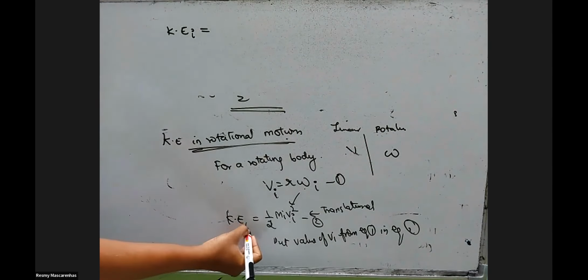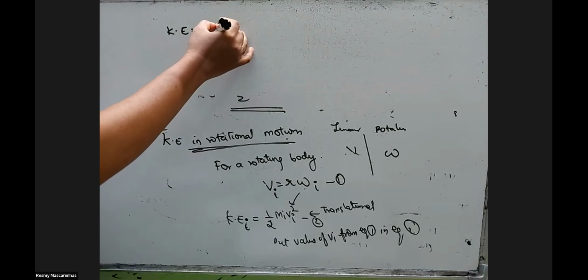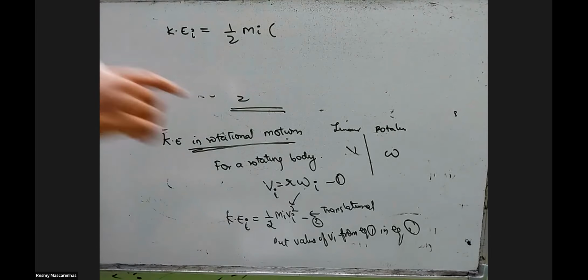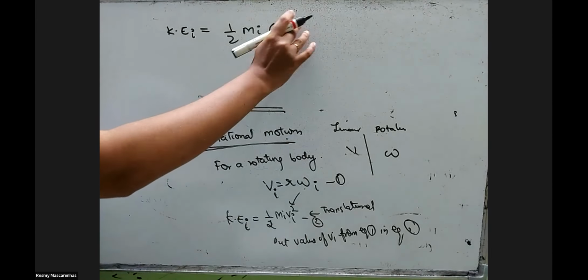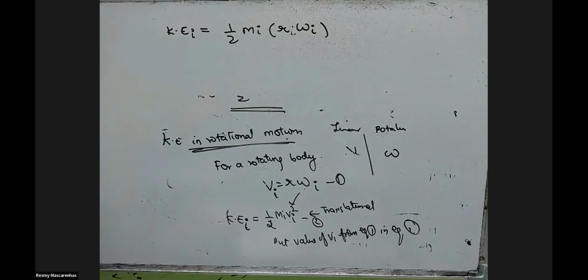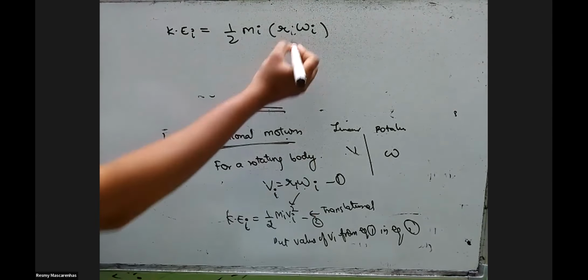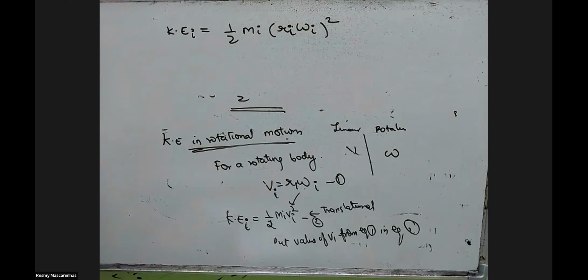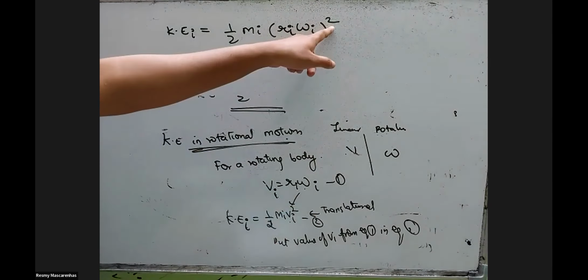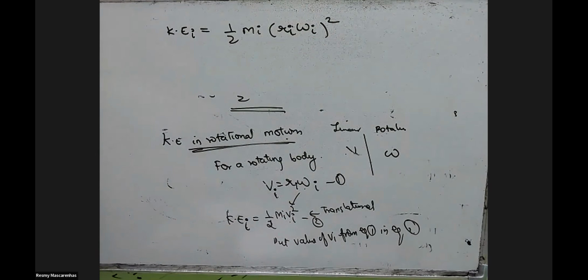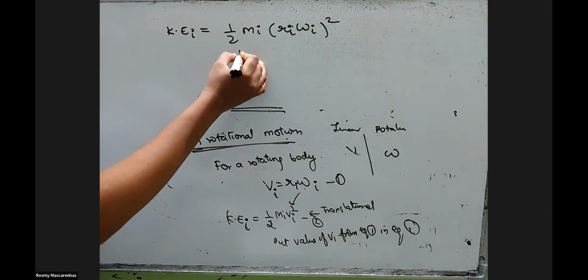So here also I'll use i, because it is for all the particles. So half m i, put this here, r i omega i. This will also be i, all the distances also. Everywhere I put i, because it is a square here, this will be squared. So instead of v i, I put this r i omega i. Open up the bracket now, everything will get squared.